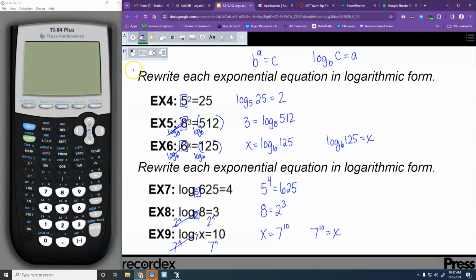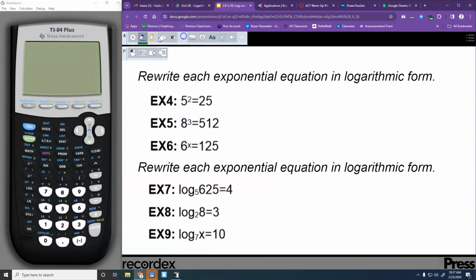Okay. So rewriting is definitely something that you're going to need to be able to do, particularly for the purpose of solving equations, which we will not look at quite yet, and for finding inverses. So let's move on to the next slide here.